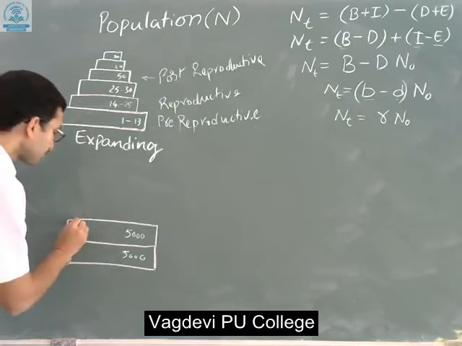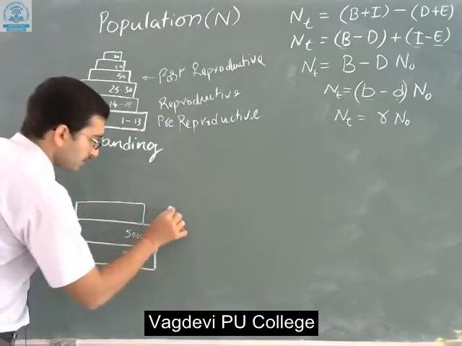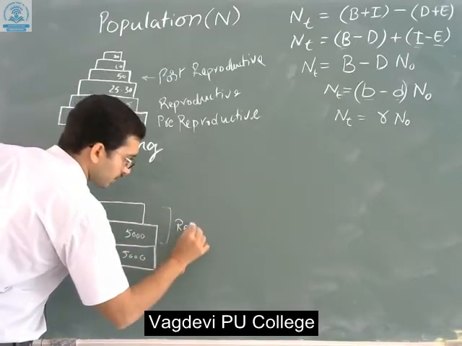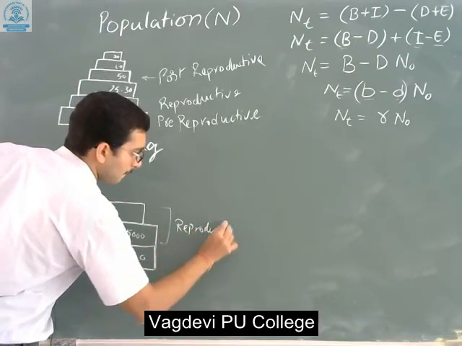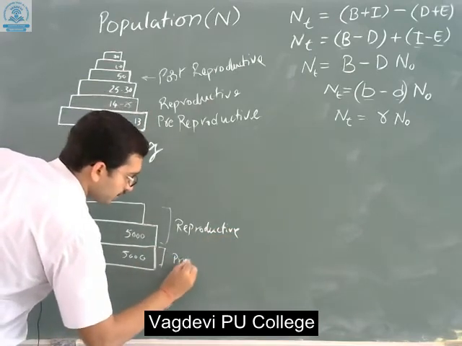Now this is the reproductive stage. This half indicates the reproductive and the bottom half indicates the pre-reproductive.